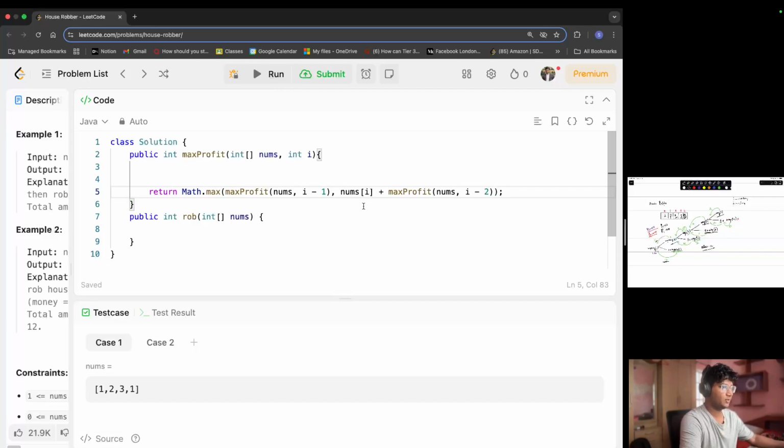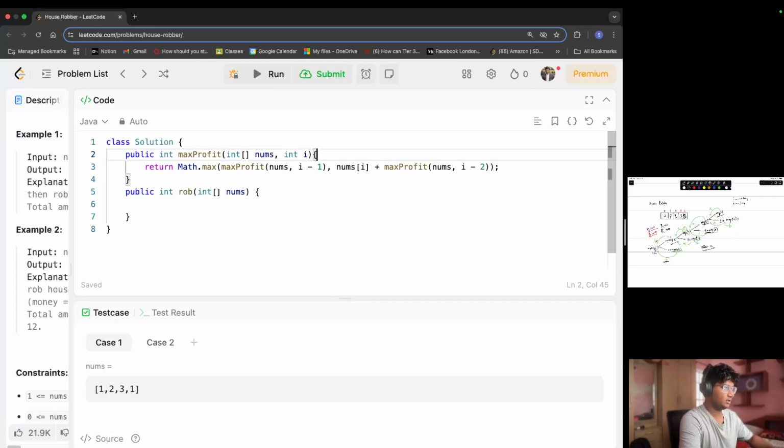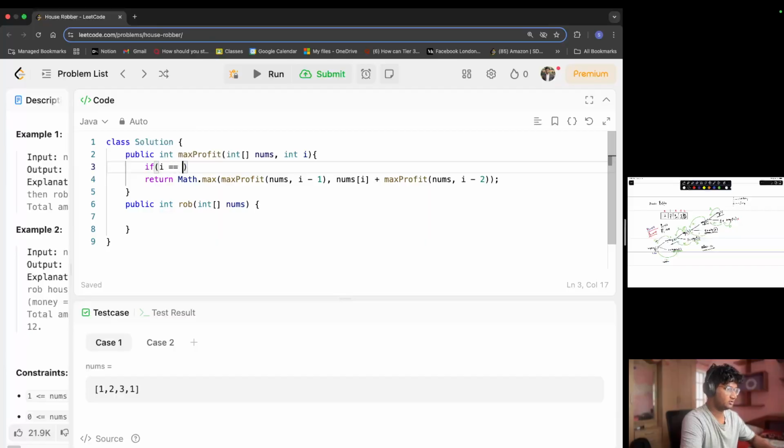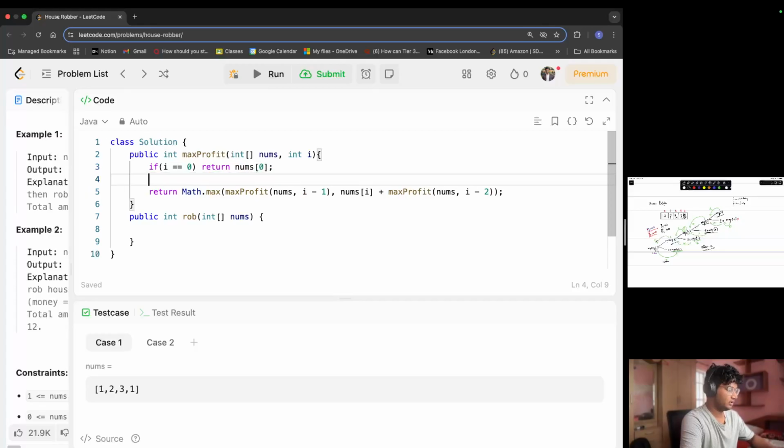Perfect. Now the first base condition is if i equals 0, I'm just going to return nums of 0. If i is less than 0, I'm going to return 0. Perfect. Now here I'm going to return max profit of nums, comma, nums dot length minus 1.